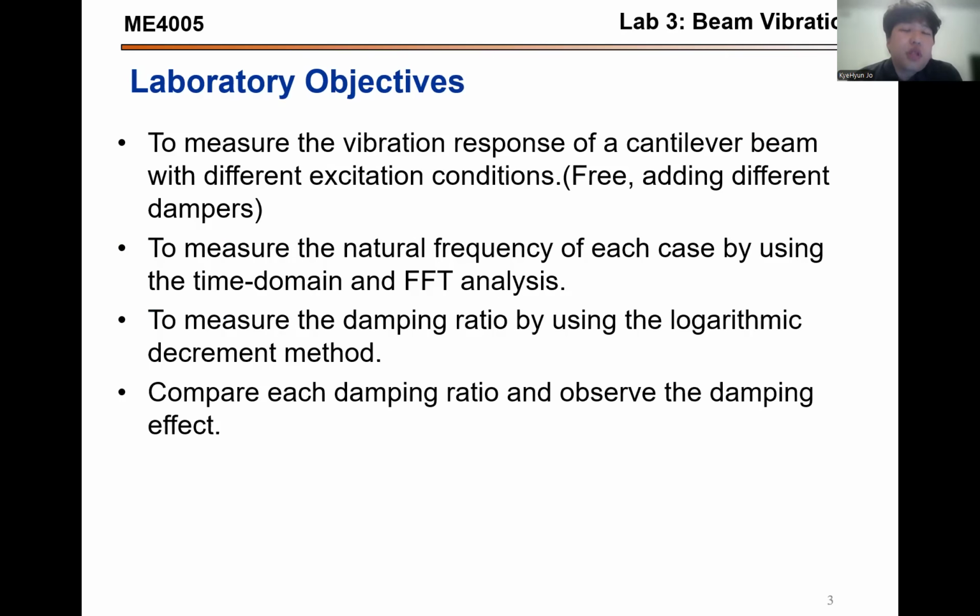The main objectives of this lab were to measure the vibration response of a cantilever beam with different excitation conditions, such as free, adding different dampers, or applying more force by dropping something, and to measure the natural frequency of each case using the time domain and FFT analysis. Also, to measure the damping ratio using the logarithmic decrement method, and lastly, to compare each damping ratio and observe the damping effect.